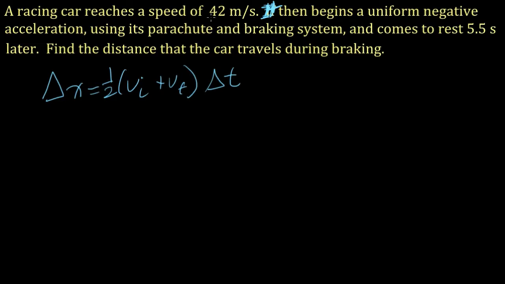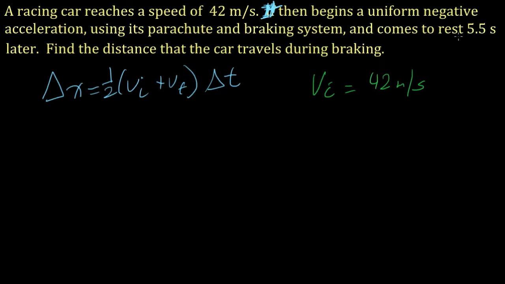Well, I have a velocity. Is this an initial or a final velocity? Well, we're not sure. Is this at the beginning or at the end of the acceleration? Well, it says it slowed down. So we started at 42 meters per second. So that's going to be our initial velocity, 42 meters per second. What else do we have?